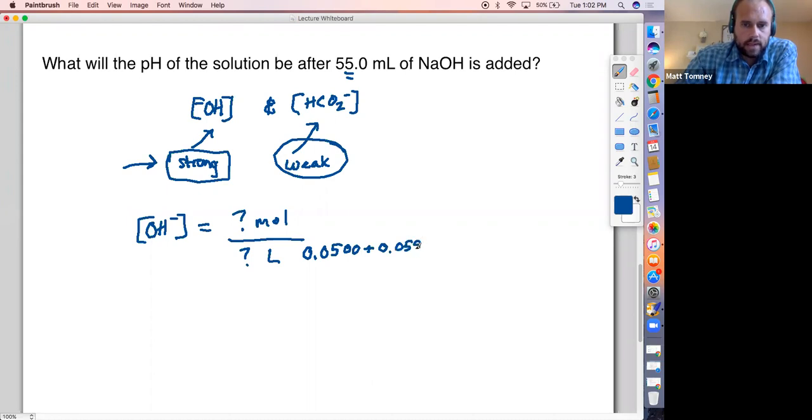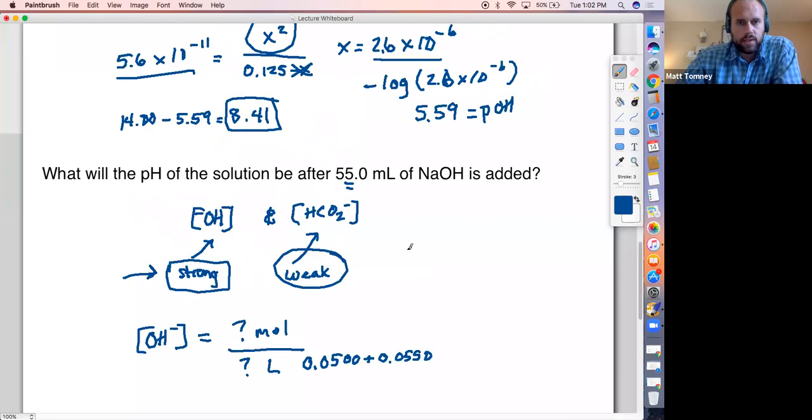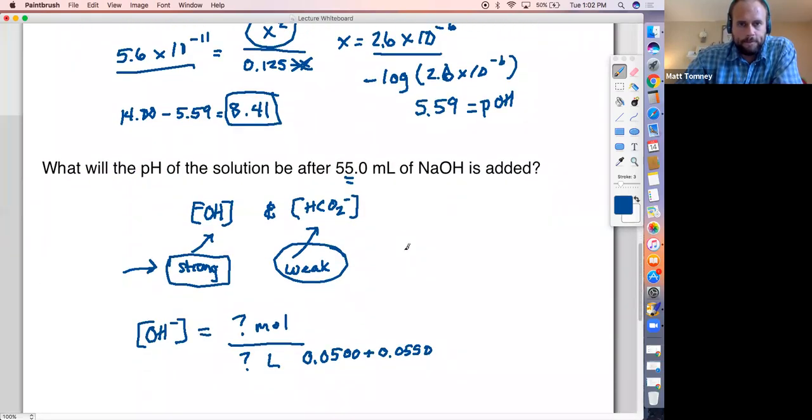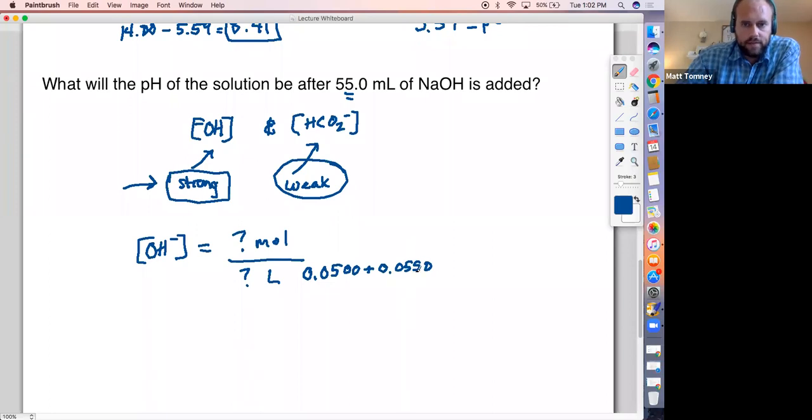In the past equation, I'm just going to hop back up so people can see. Actually, we've already deleted that part. Never mind. But before, this 55 here was a 50 at equivalence point. Now it's 55 because we've added some additional. So what we're really keeping track of here is the total volume that the hydroxide is hanging out in. Now here's the next question. Where do I find moles?